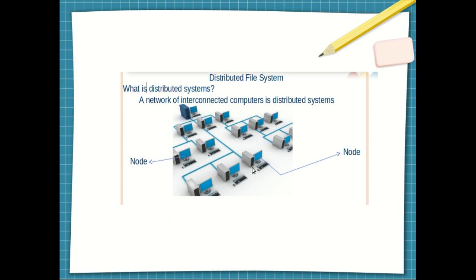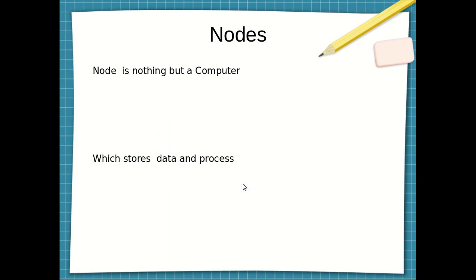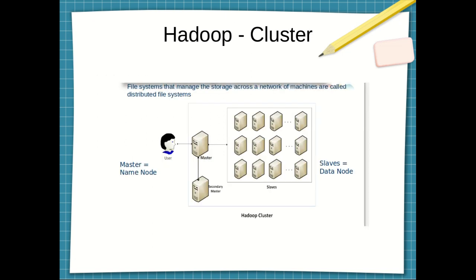Each one is interconnected, and is capable of distributing a large file across different data nodes and computing the process in parallel. That's how it's very fast. A node is nothing but a computer like your laptop, and every node is capable of processing data and storing data.